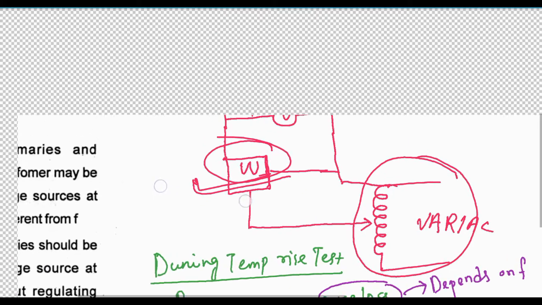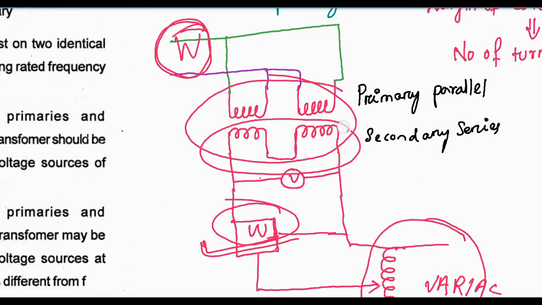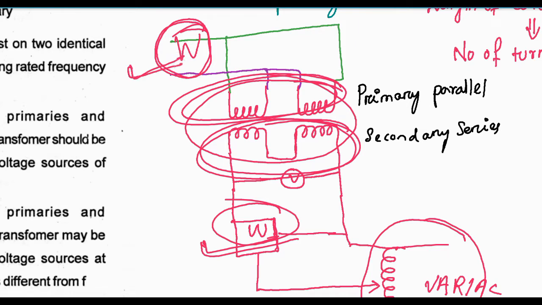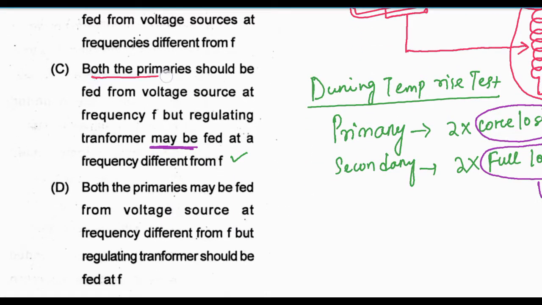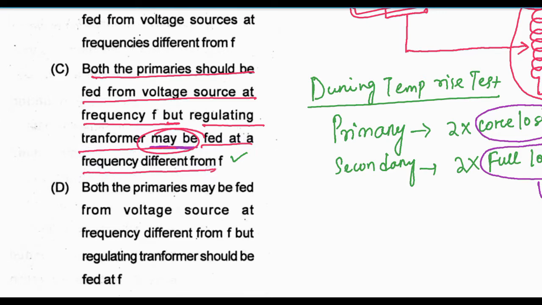So the secondaries are independent of frequency, and the primary depends upon the frequency. The primary wattmeter reading will always depend upon the frequency. So we can say option C: both primaries should be fed from the voltage source at frequency F, but the regulating transformer may be fed at a frequency different from F.